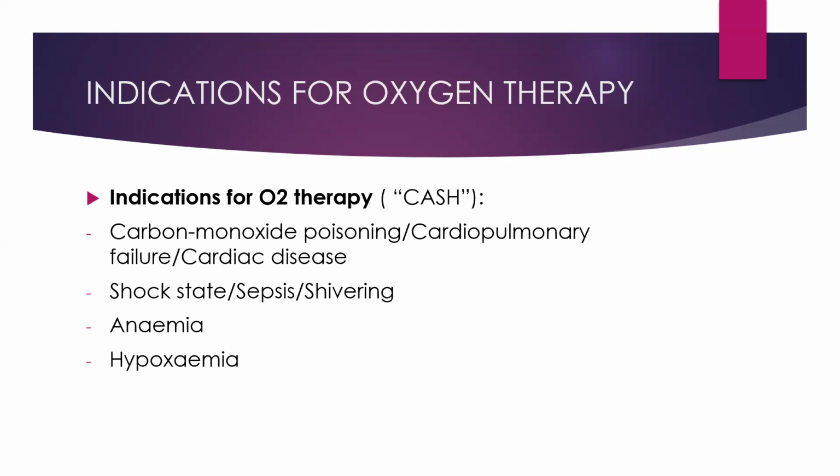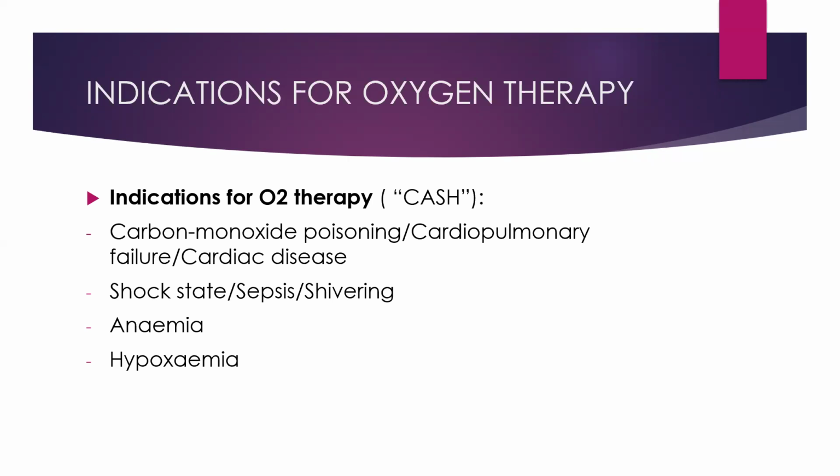A is anemia. When the patient is anemic, you want to increase your PaO2 while you're also trying to transfuse the patient. Shock, a patient who is hypotensive, and you know that will cause reduction in cardiac output. Sepsis increases oxygen consumption, and you will need to deliver more oxygen by oxygen therapy.